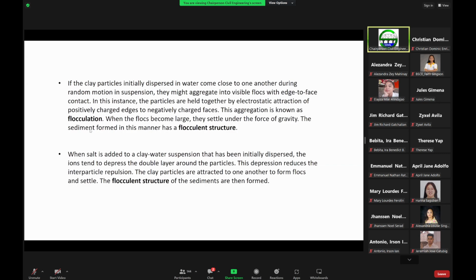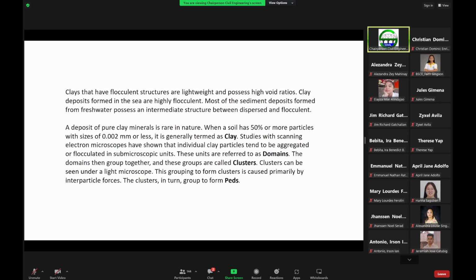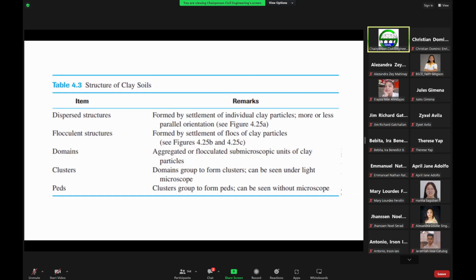Then for flocculent structures, these are formed by the settlement of flocks of the clay particles. Then you have the domains, which are aggregated or flocculated submicroscopic units of the clay particles. Then you have the clusters, which are the domains grouped to form clusters, which can be seen under a light microscope.